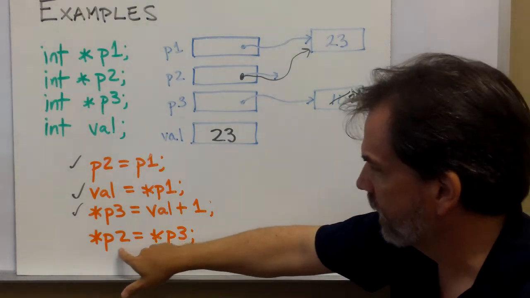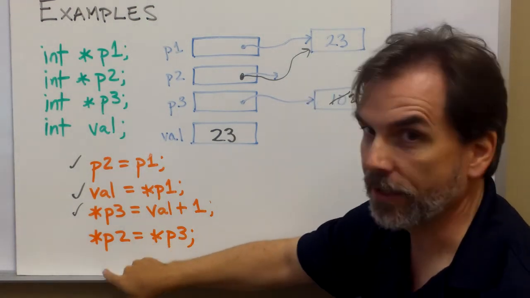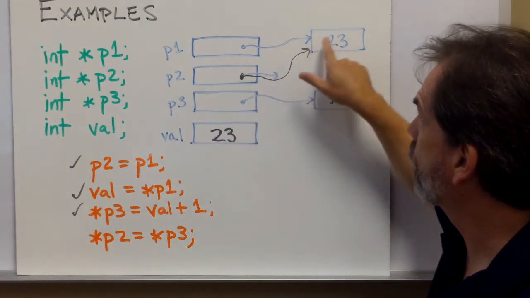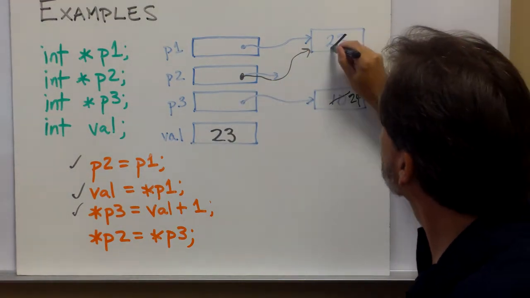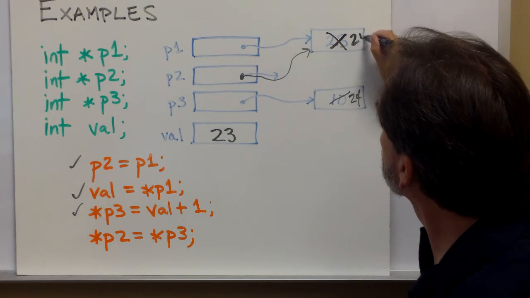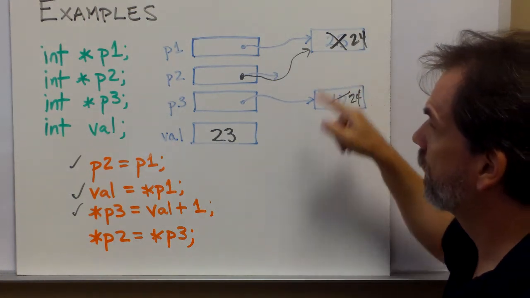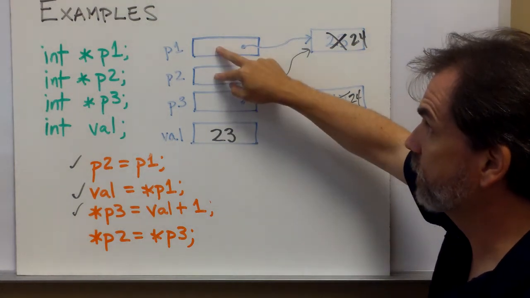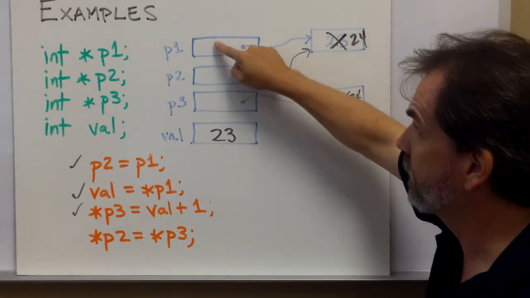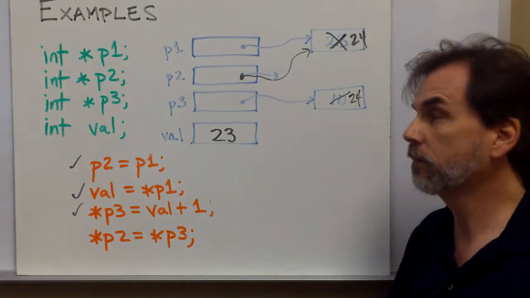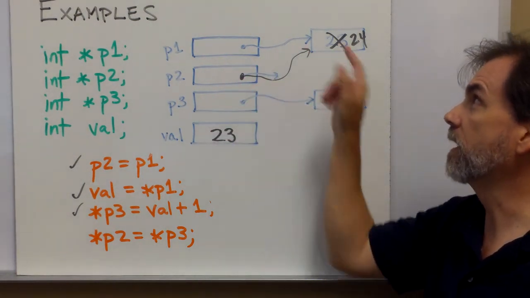And we're going to store that into the place where p2 points, not into p2. We're not going to put 24 here, we're going to put 24 here. Okay, so that changes that memory location. And again, remember that p1 and p2 both point to this, so if we dereference p1 later on, we will also get 24. Just like if we dereference p2, we get 24.